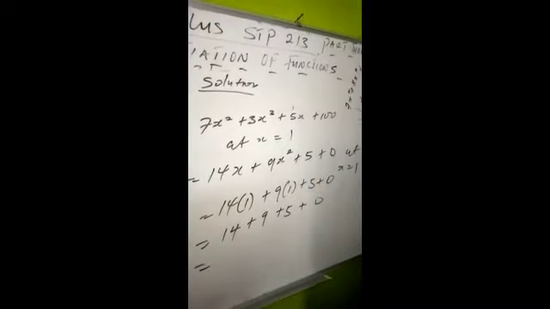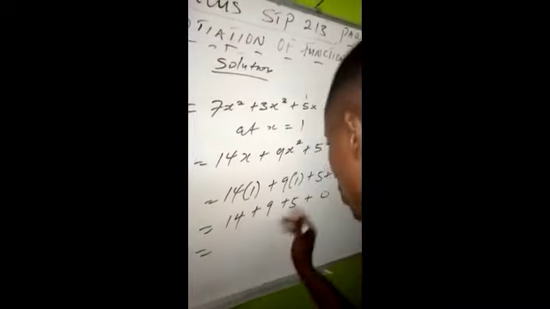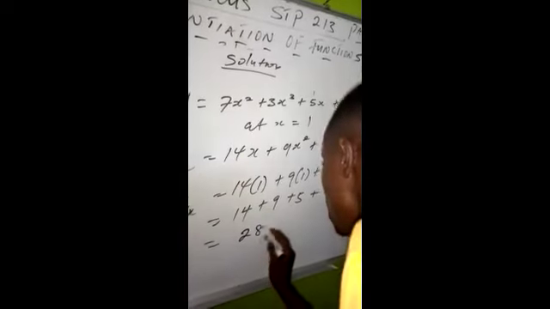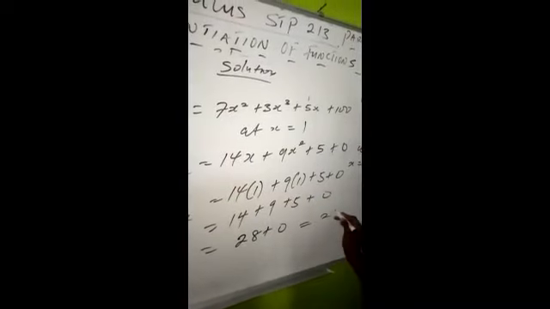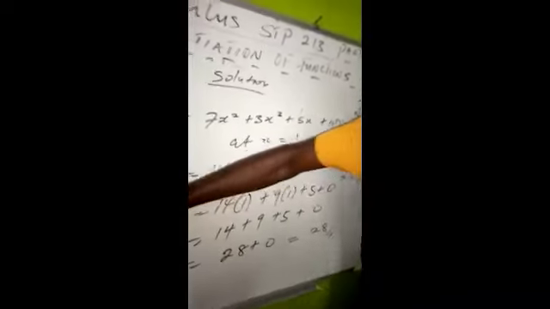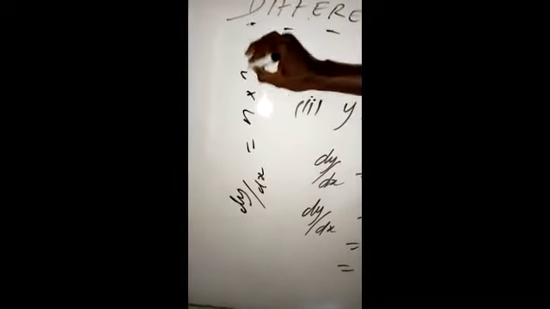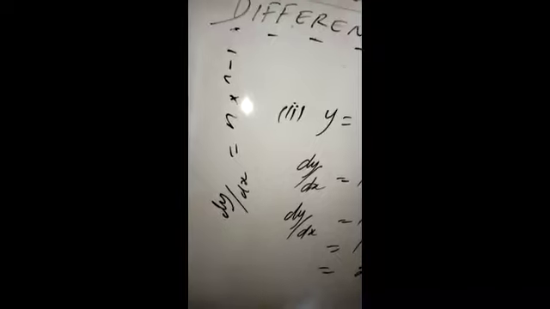Which is equal to 14 plus 9, 23. 23 plus 5 will give us 28, plus 0 will give us 28. That is dy/ds of this. The answer is 28. And remember the formula we used: n times s to the power n minus 1. That's how we got this.